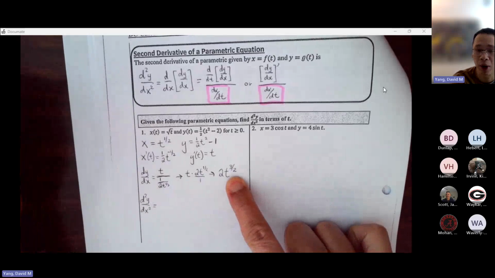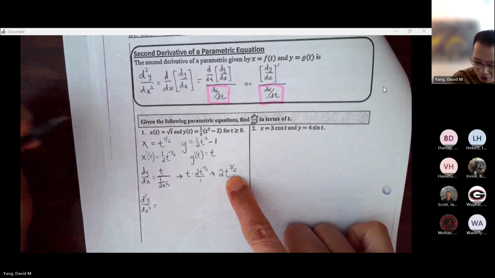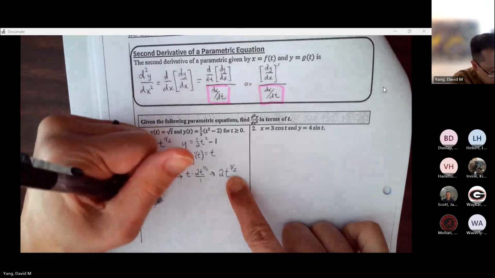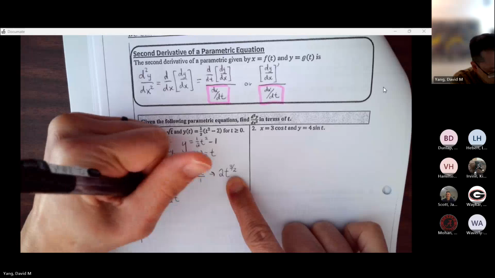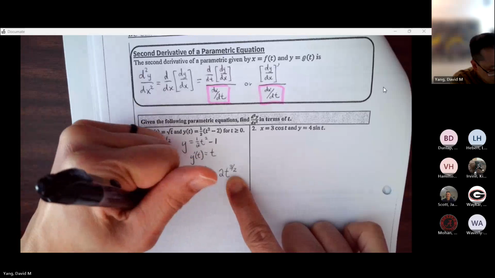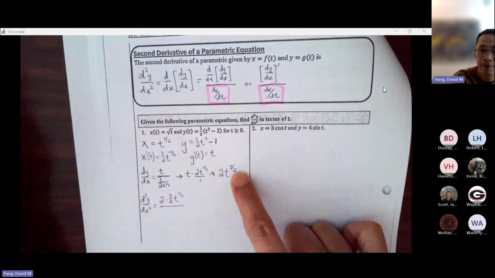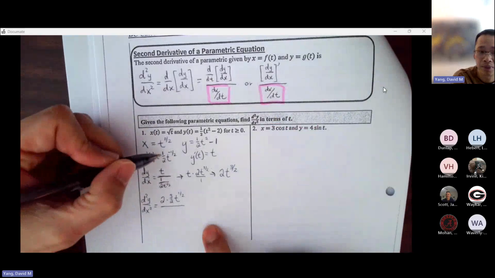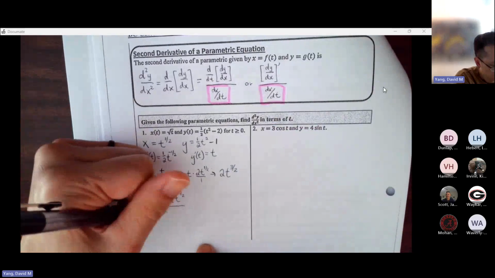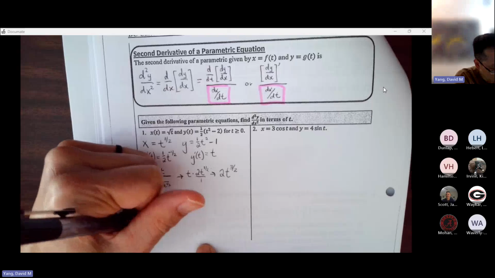So the derivative of my y prime is 3t to the 1/2, okay. But we have to remember to also include dx/dt. So divided by 1 over 2t to the 1/2.